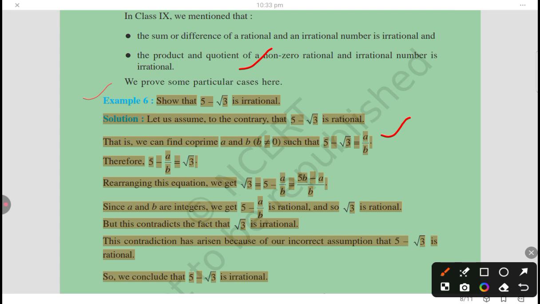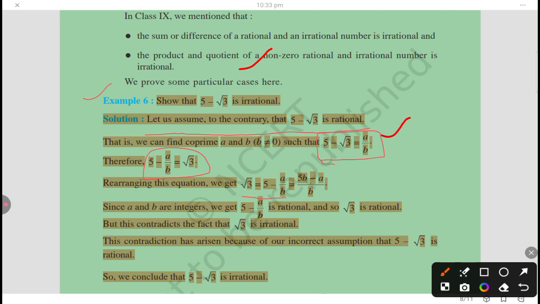Example 6. Prove that 5 minus root 3 is an irrational number. So let us assume to the contrary that it is rational. If it is rational, then it should be in the form of a by b. So rearranging, you write root 3 equal to 5 minus a by b, which can be written as (5b minus a) by b.